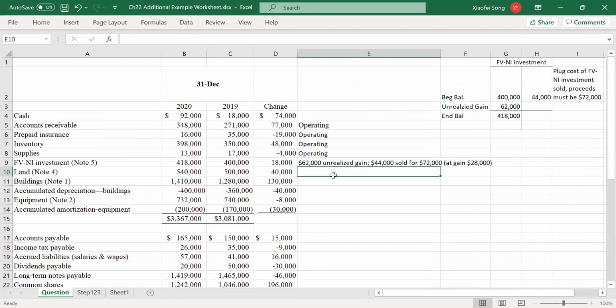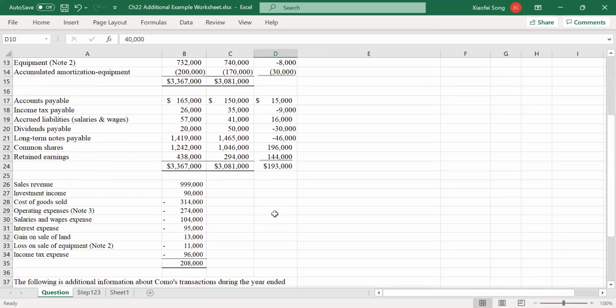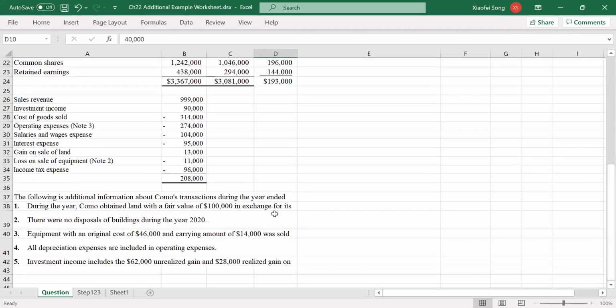So 100,000 purchased with the shares. So this will be a non-cash financing investing activity. However, if you purchased 100,000, there should be a 100,000 increase, right? But there's only a 40,000 increase. So that means some must be sold.